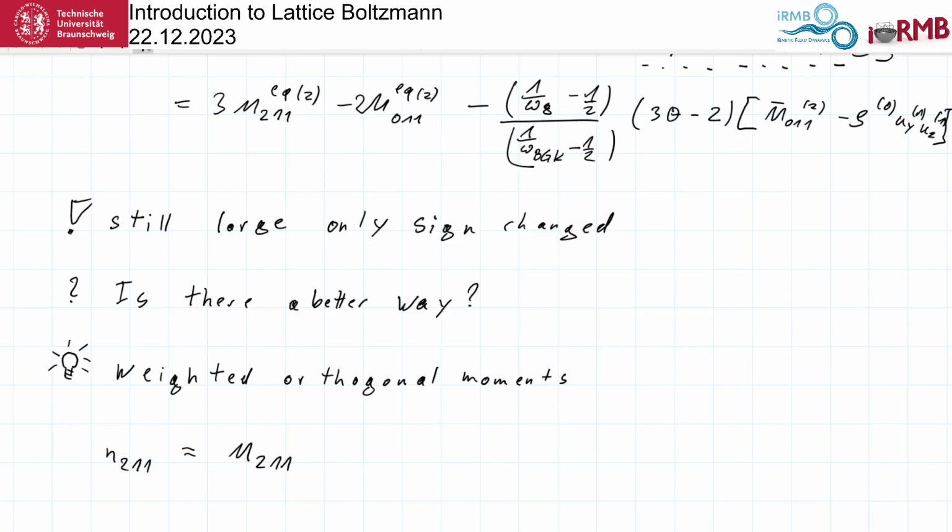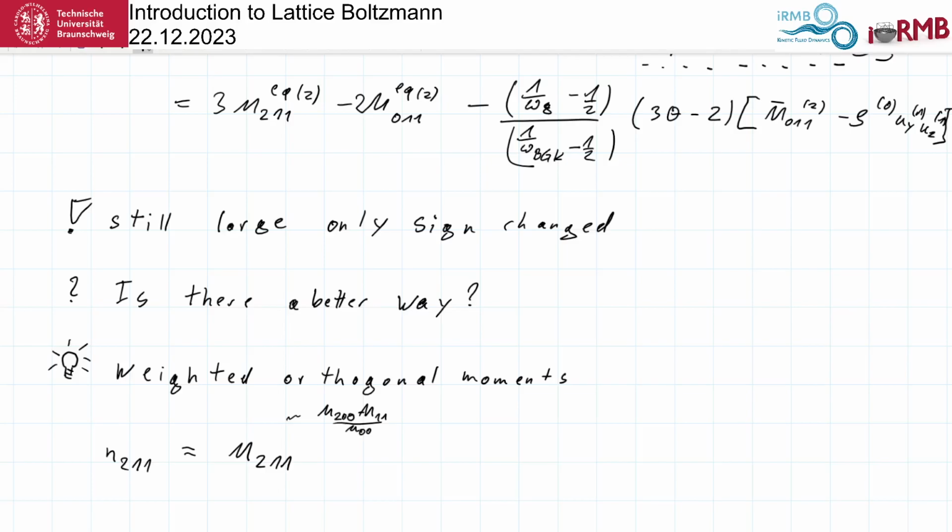So this should have the information from this, and we want this to be independent of m0, 1, 1. Now we remember that we can factorize this moment and say that it should be proportional to m200 times m11, probably normalized by something.